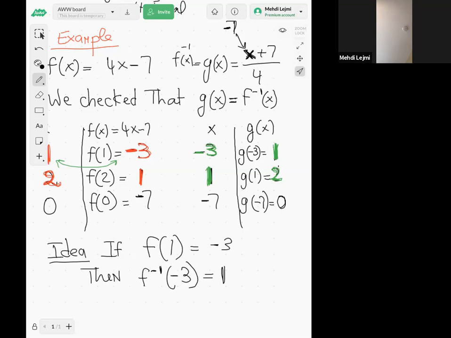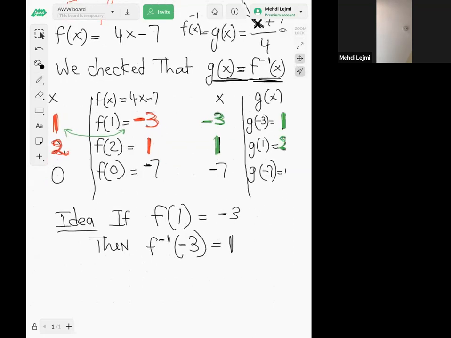This is my f inverse, it's g. So f inverse of negative 3 would be positive 1. Or if f of 2, we said, is equal to 1, then f inverse of positive 1 would be equal to 2.